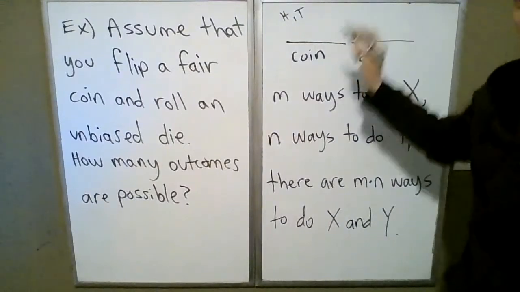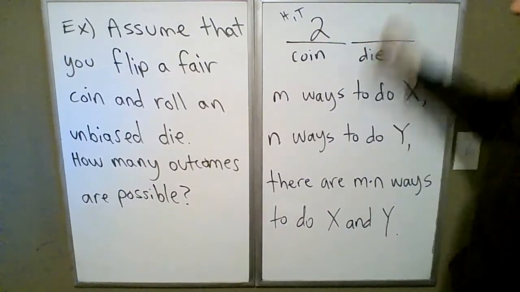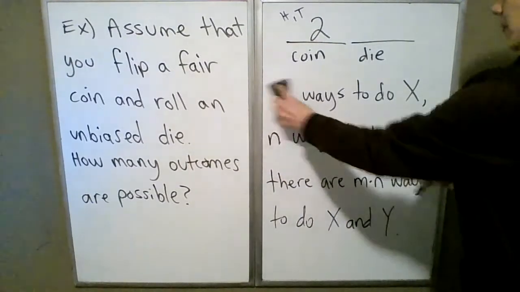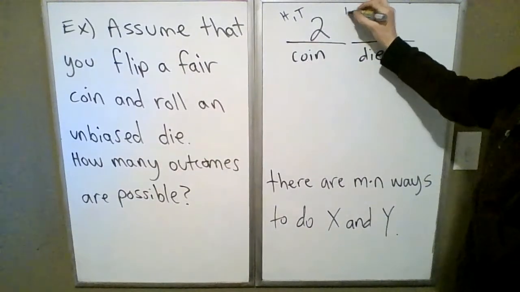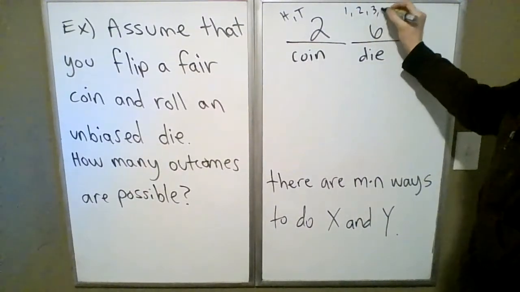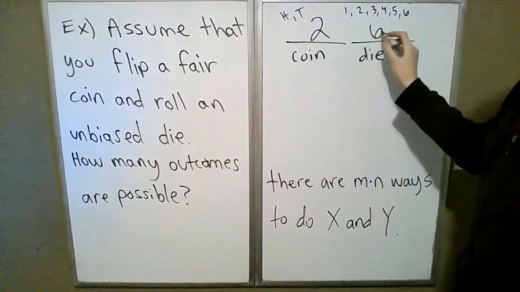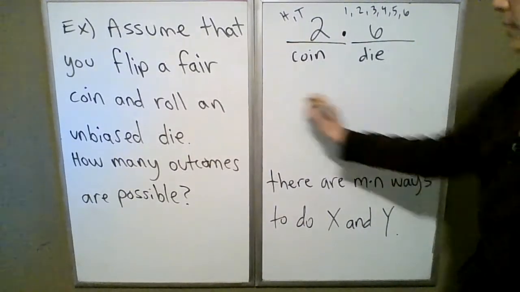H for heads, T for tails, which is 2 choices. For the die, you can do 6 ways to roll your die. Either it was a 1, or you roll 2, or 3, or 4, or 5, or 6. And then for those choices, we multiply them together to know how many ways to do both.